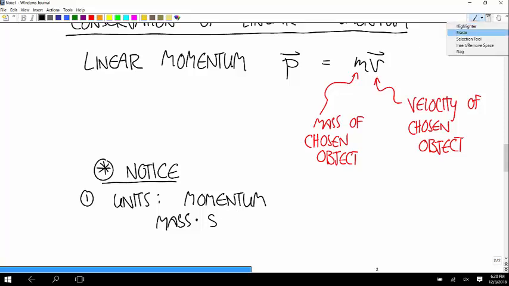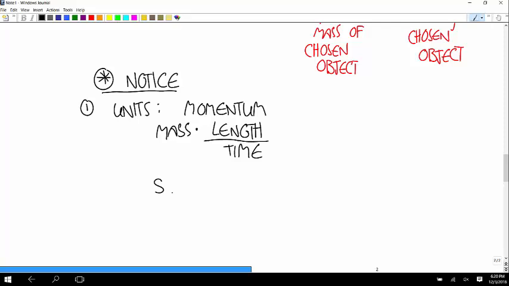Well, actually, let me write it. Units of mass times units of length divided by units of time. And so if you're in SI units, that's kilogram meters per second.